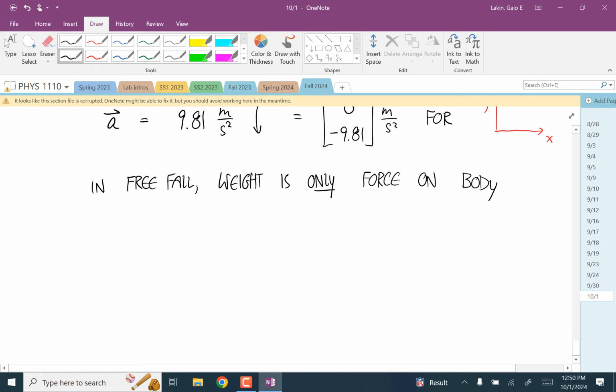So let's put these all together into Newton's second law. And we get that the weight force, I'll call it Fw as a vector, is equal to the mass, 1 kilogram, times the acceleration, which is 0, negative 9.81.